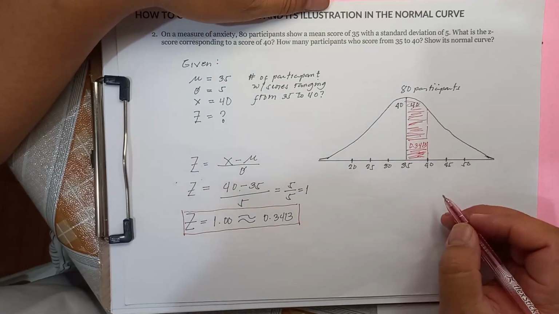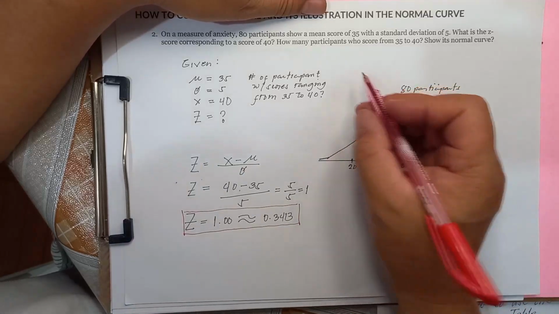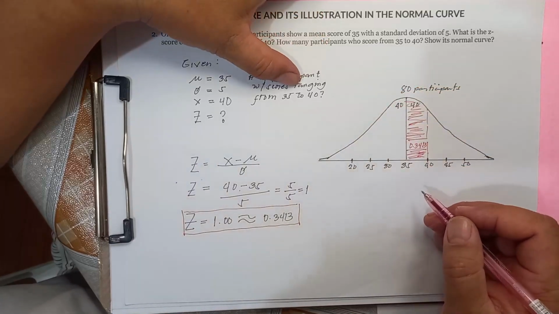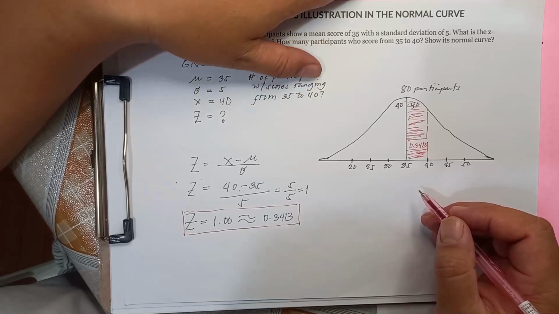With that, we can now compute the number of takers with scores ranging from 35 to 40.